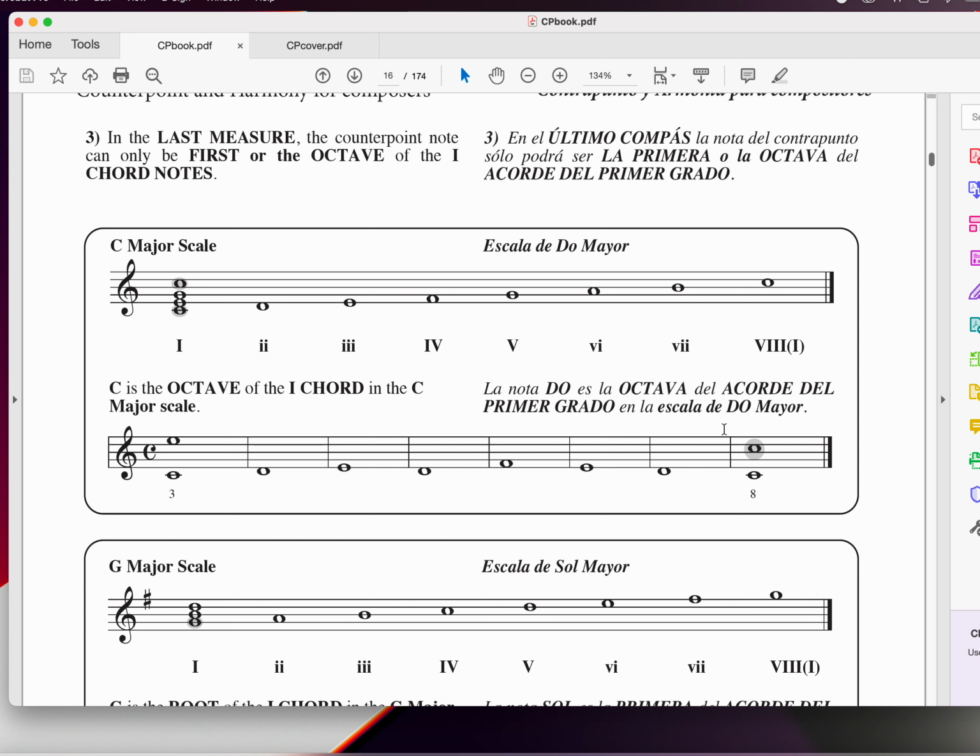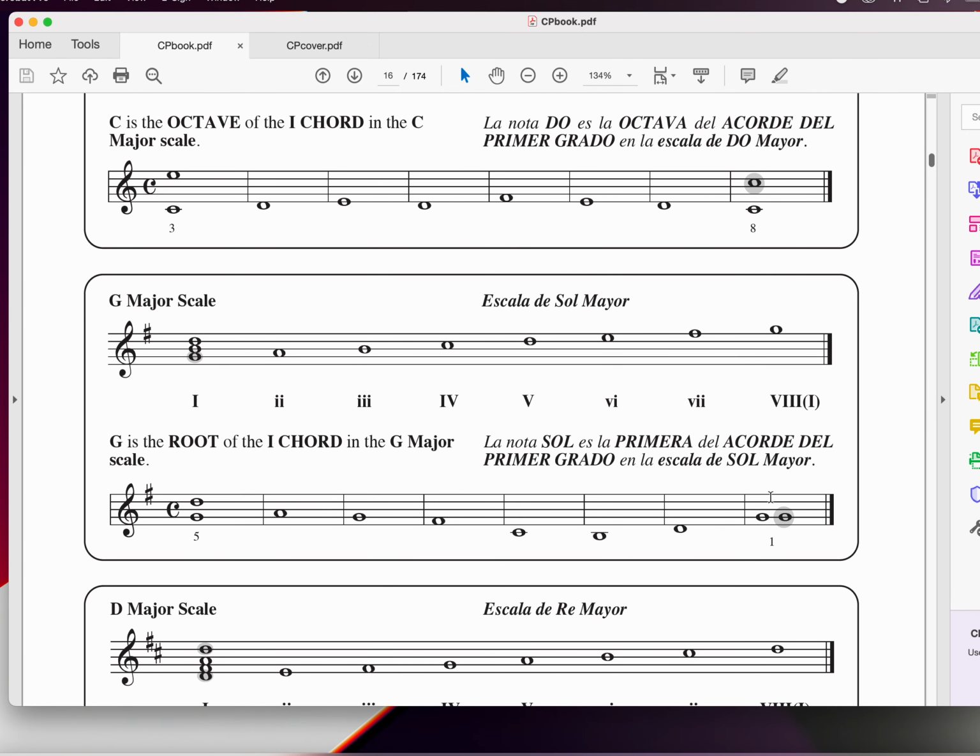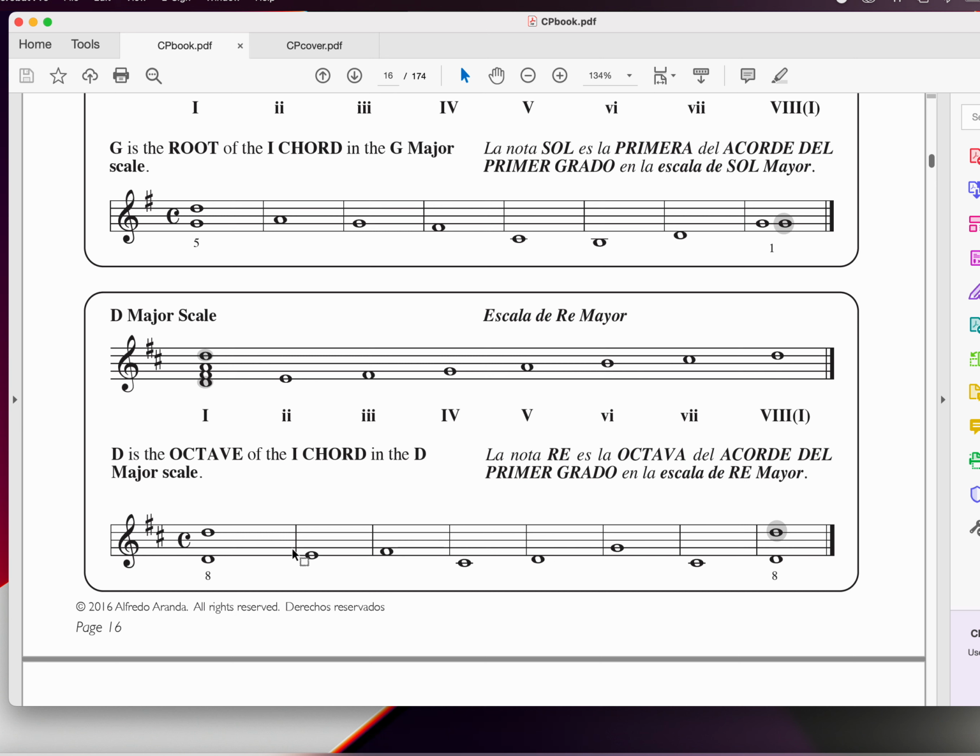It needs to end on a first or an octave interval only. So in the key of C, it would be another C, an octave apart. In the key of G, I chose an interval of a first. In the key of D, an interval of an octave. So we have two measures that are taken care of.